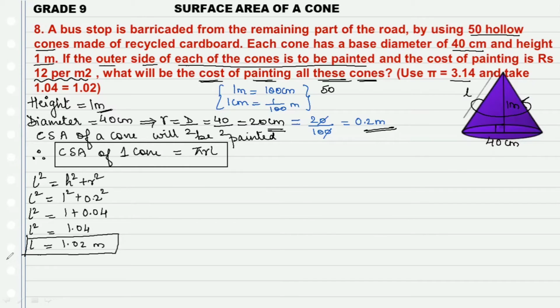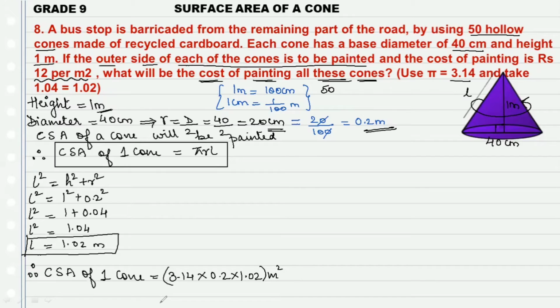Right, this is done. Now, therefore, we can find the CSA of one cone. Curved surface area of one cone will be pi RL, that is 3.14 into R, R is 0.2, into L, L is 1.02 meter square.